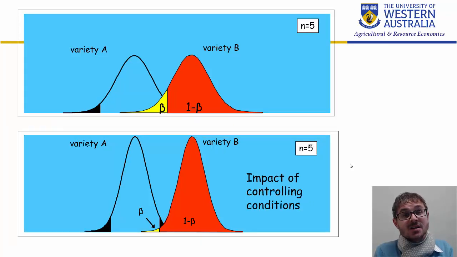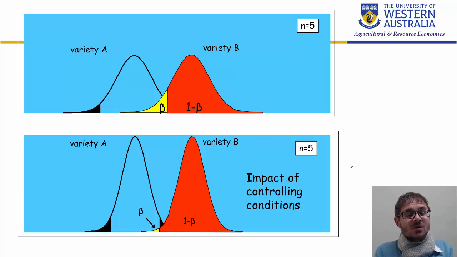And for a given sample size, if we can control the variability, that is the random sources of variation, which we do via things like growing our samples in greenhouses or growth chambers, that also increases our ability to detect a difference if one is there. We really like to detect differences if they're there. We really don't want to conclude that there's a difference if there's not really one there.